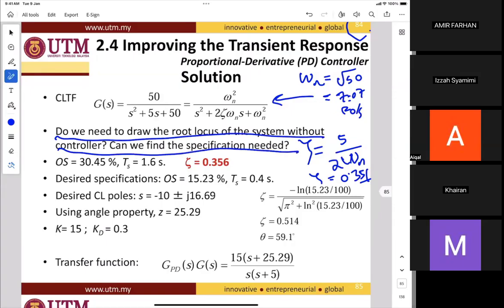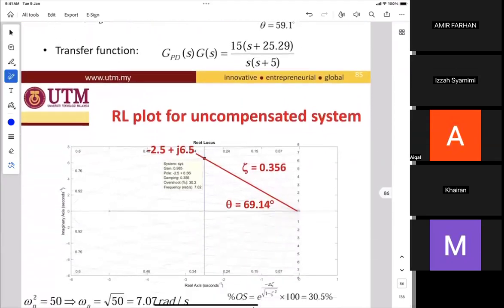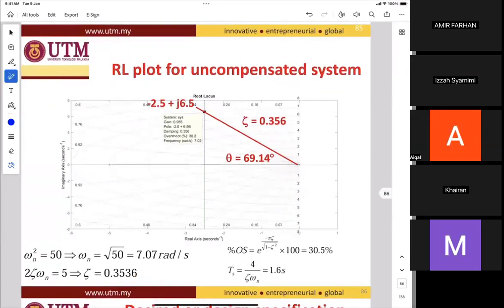So do we need to draw the locus of the system without controller? Can we find the specification needed? Yes, it can be yes, it can be no. Okay, so if we plot, it will be like this. Poles at zero and -5. And then we draw the zeta line as Vian said, and the theta is 69.14.